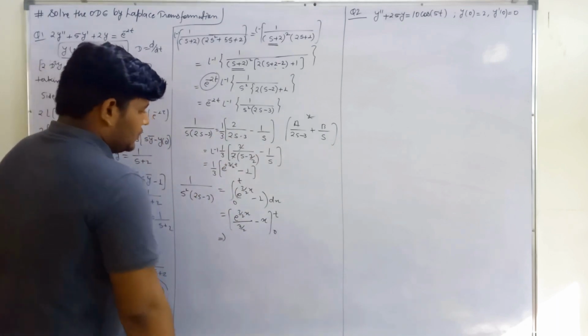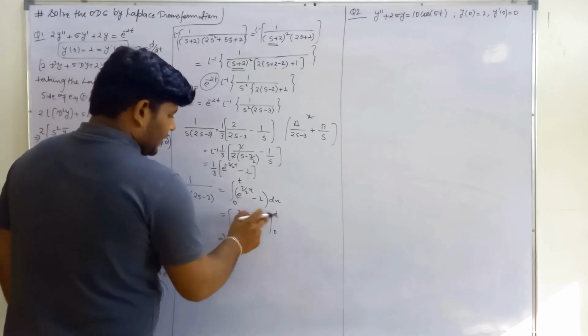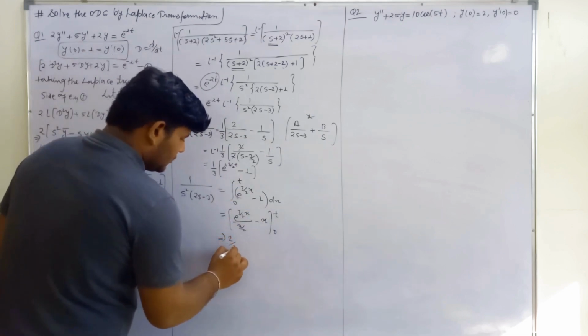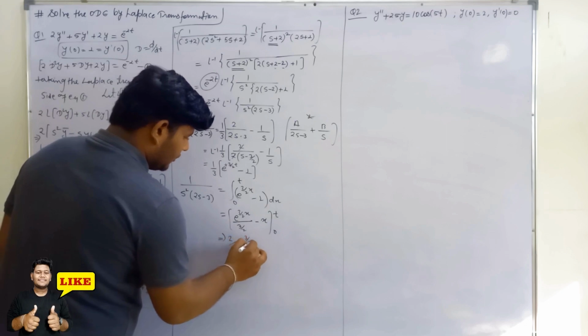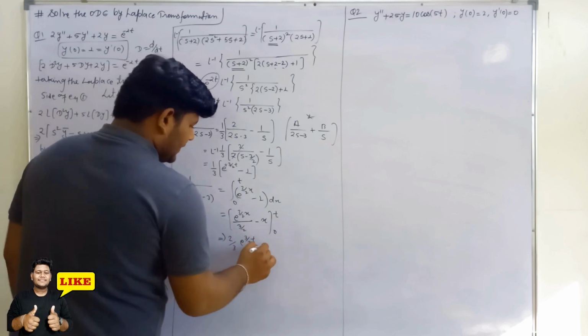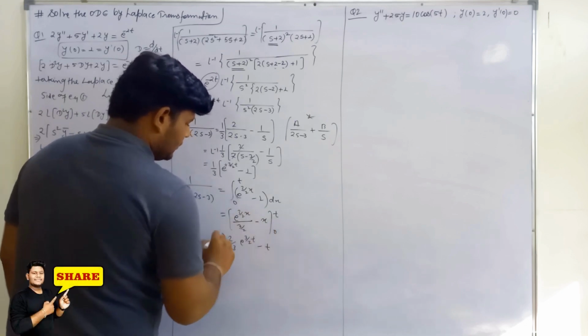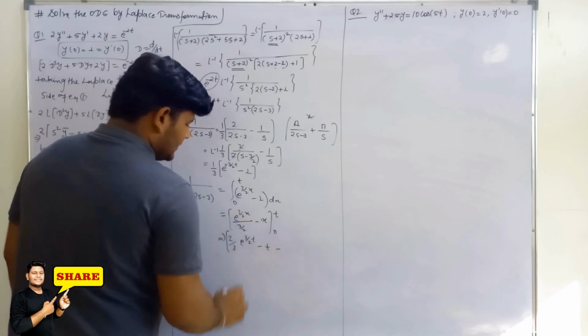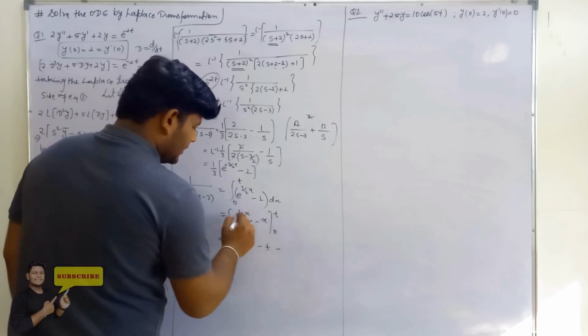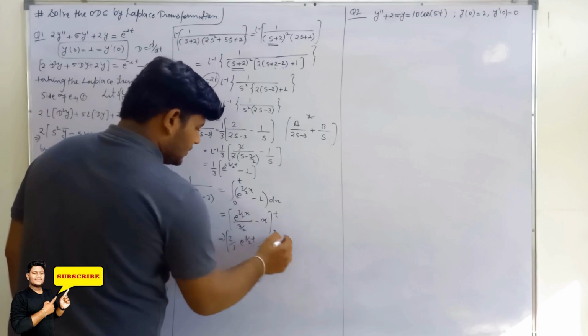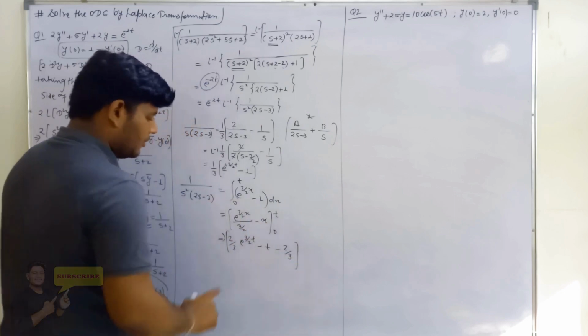Okay, now here 0 to t, and if I am putting the limit here, then it is 2 by 3 e to the power 3 by 2 t minus t, minus, on putting 0 here, 2 by 3 e to the power 0. Okay, lower limit, on putting the lower limit.